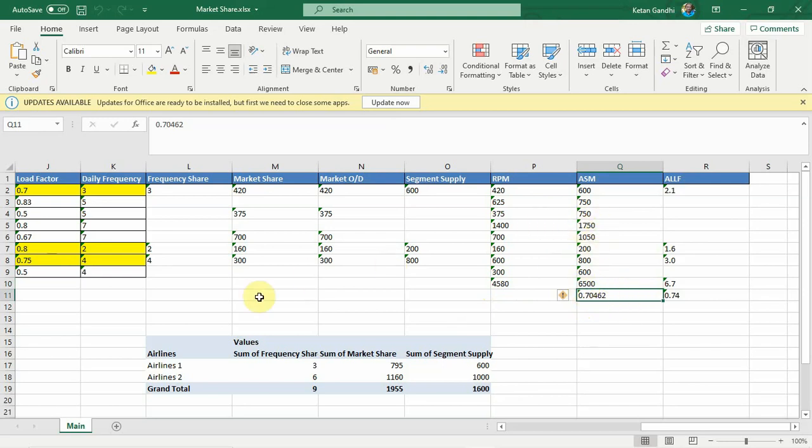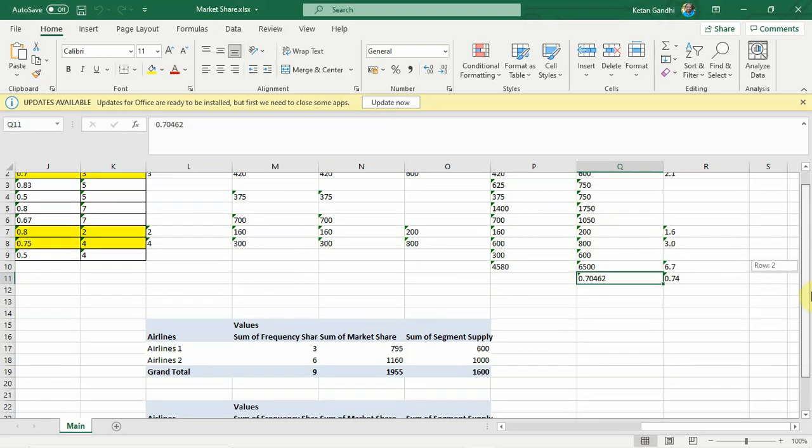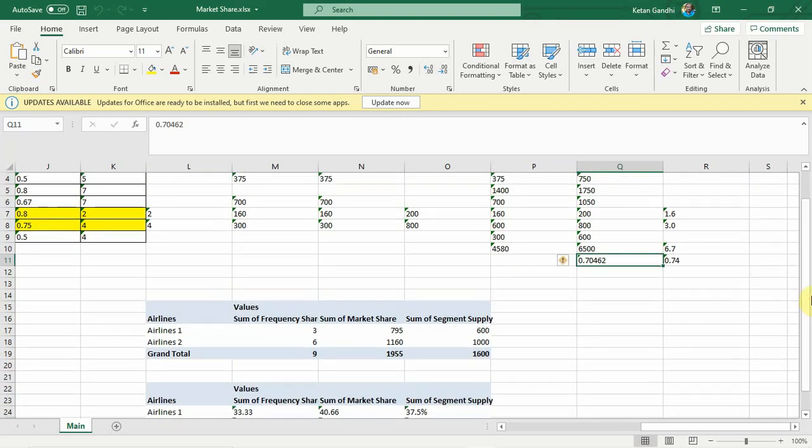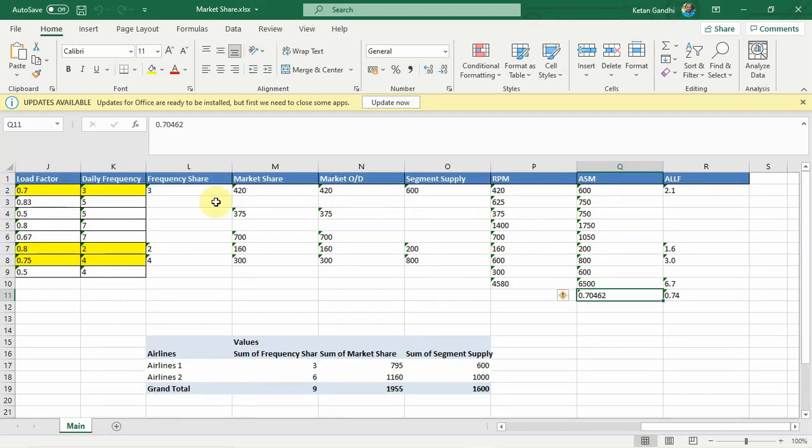So this calculation is done, then we'll get the final one here for airline 1 and airline 2. Airline 1 had 3 daily flights, frequency was 3. Airline 2 was 6, because 4 plus 2 is 6, the sum of the daily frequencies.